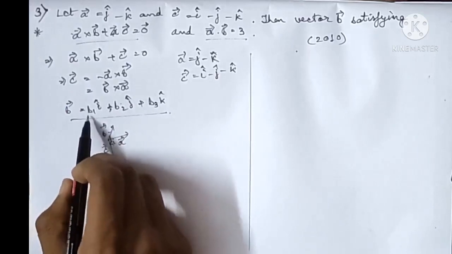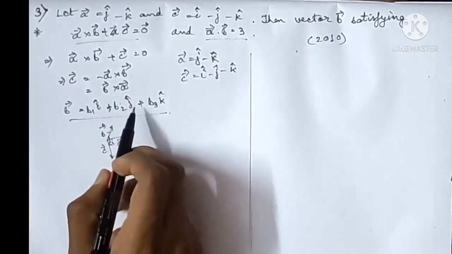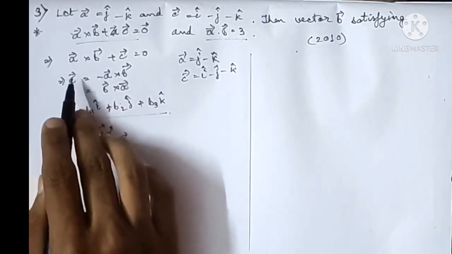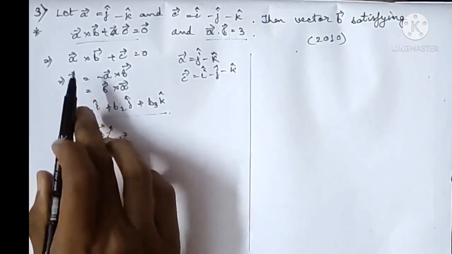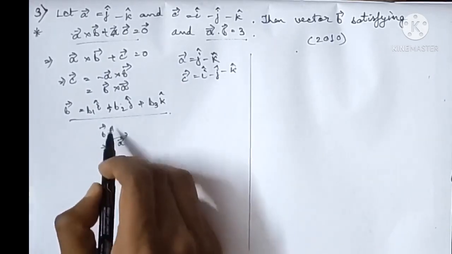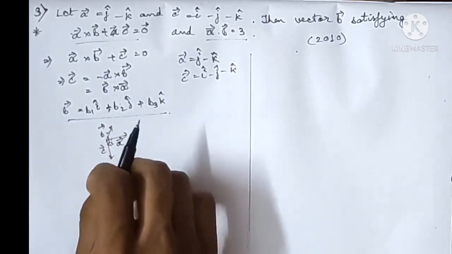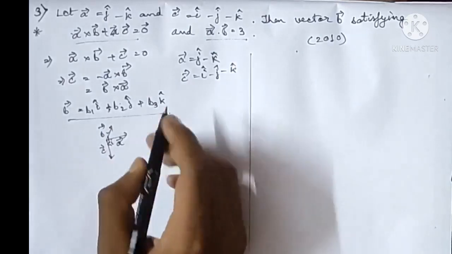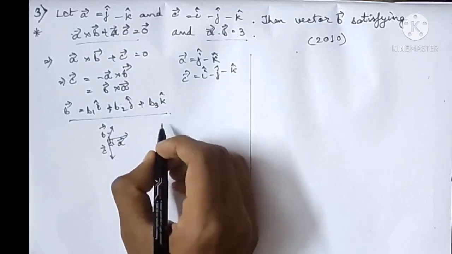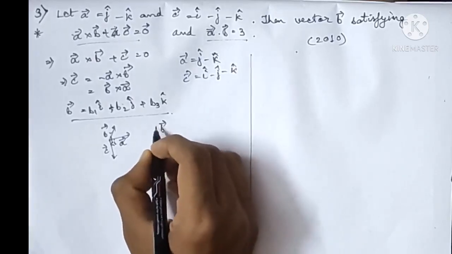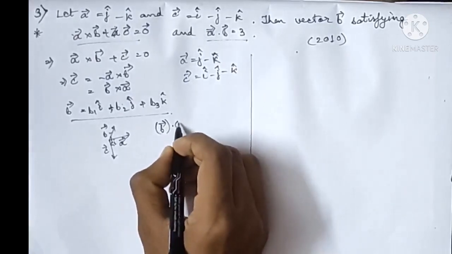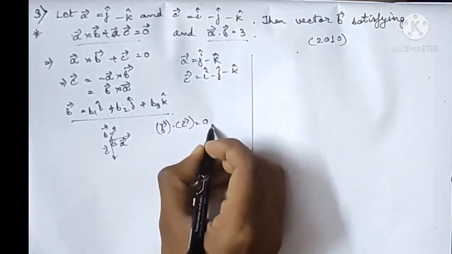And here we have B is equal to B1 i cap plus B2 j cap plus B3 k cap. Now see, we are doing C dot B is equal to 0. The same thing, that two vectors are perpendicular, so we can just do the dot product and it would give us a 0. So here we are getting one equation from that, that is B vector dot C vector is equal to 0.